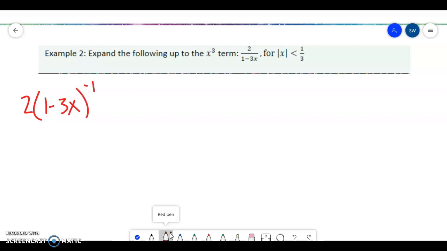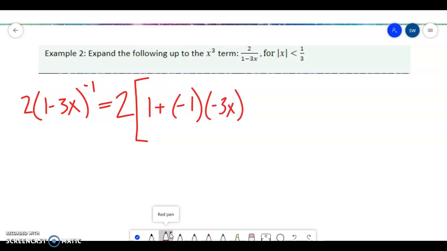So I'm just going to ignore the 2 for now, leave it out front, and then expand the 1 minus 3x to the negative 1 using the formula that we stated. So the first term is 1, and then it is plus our power negative 1 times negative 3x. And then we continue.